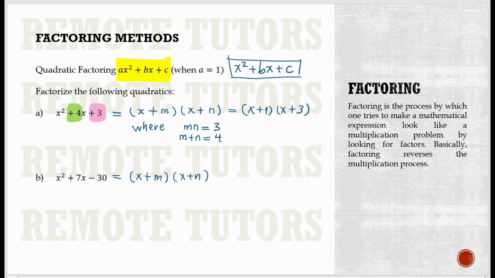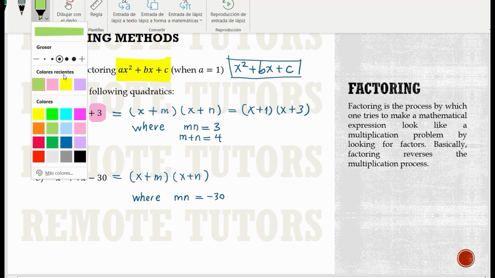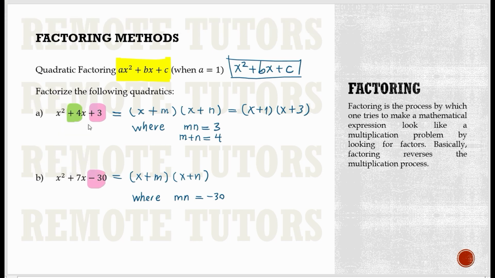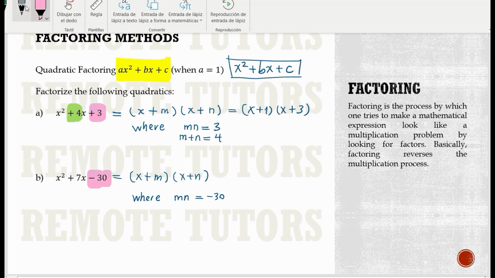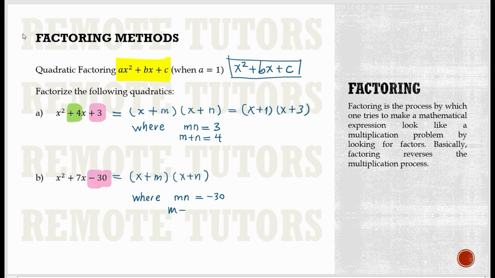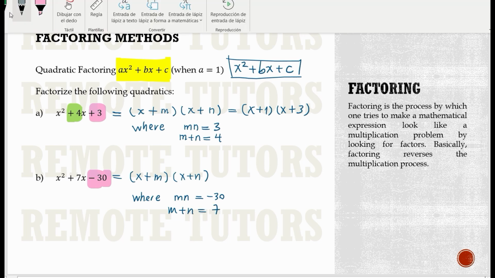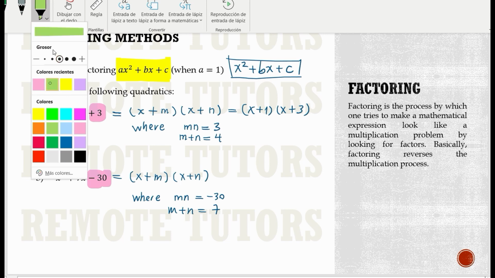The same here, you have to think of two numbers with a product of negative 30, the constant, and two numbers with a sum of 7.